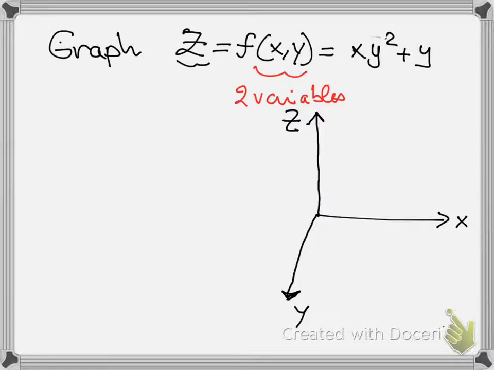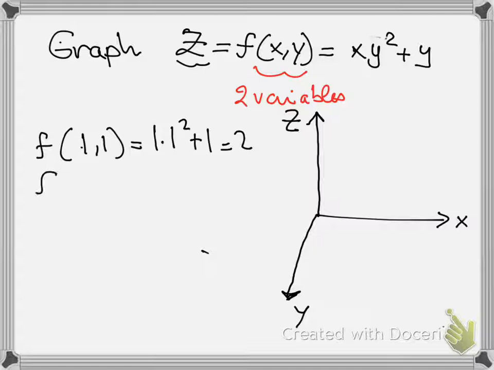So what you do is, let's just take a couple of points here. Let's try to plot a couple of points. So for example, let's say, what's f of 1, 1? Well, f of 1, 1 is 1 times 1 squared plus 1. X is 1, y is 1, so that will be equal to 2. What will be f of, let's say, 0, 1?